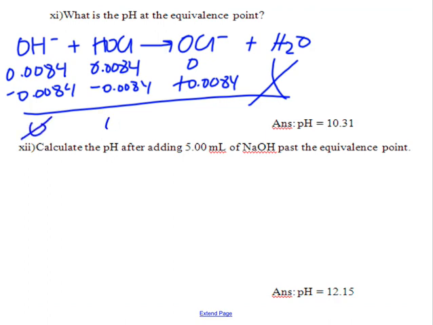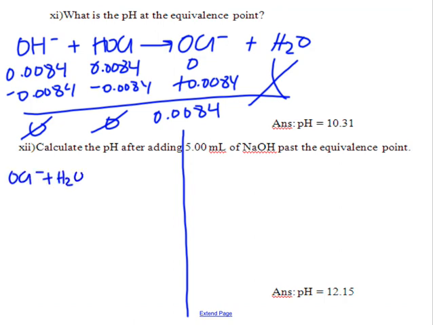So we have 0.0084. What am I left with now? What kind of problem do I have? It's not a buffer anymore. A salt. So we have now a hydrolysis problem. When we do a hydrolysis problem, I'm going to use half of this because I don't have enough room. We take our salt and add it to water, and we're in an ICE table. So we get HA plus OH minus. The problem is, can I put 0.084 in there? No, why not?